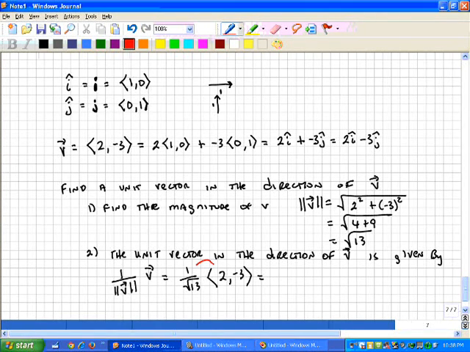Like before, we distribute the 1 over the square root of 13, and we see that this unit vector is ⟨2 over the square root of 13, -3 over the square root of 13⟩. This is the unit vector in the direction of v.